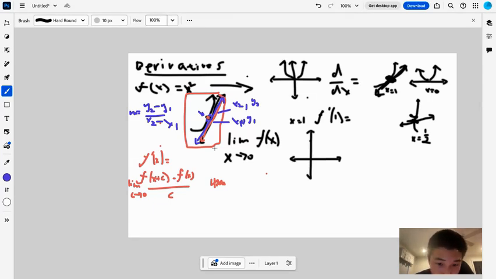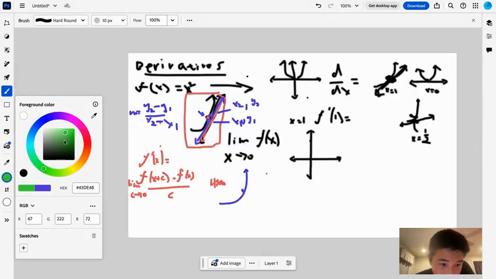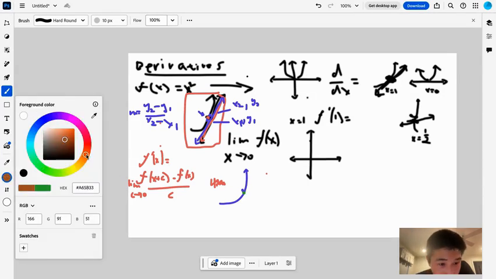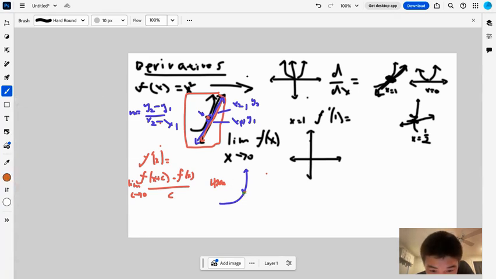So let's say this is the point on the line, and then we want to find 2 points that are very, very close, but not approximately the same point, just a little bit away.